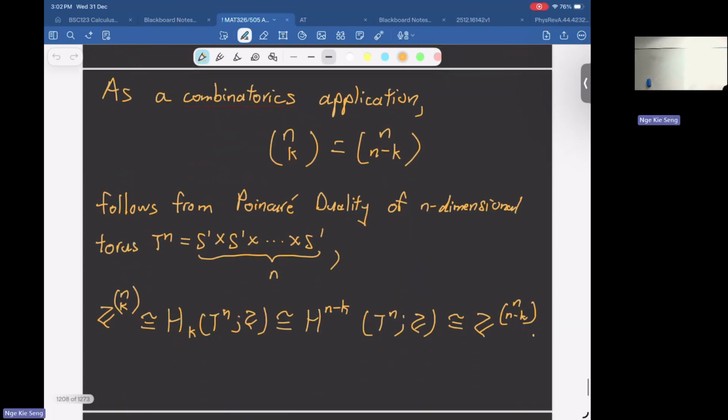Then as an application, a combinatorics application, we can use the homology or the cohomology of an n-torus. N-torus here means you cross S1 n times, and then you will get your high school formula, n choose k equals n choose n minus k. I think obviously Poincare duality is very non-trivial, but once you have Poincare duality, the next thing you need to figure out is the homology and the cohomology of it.